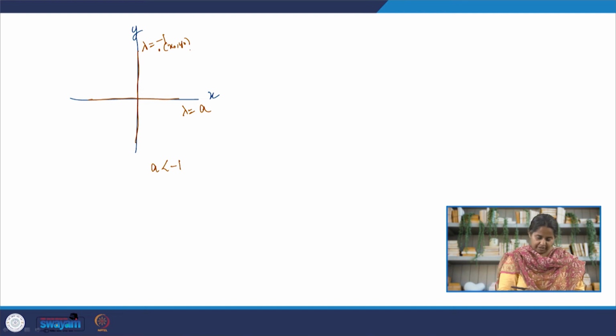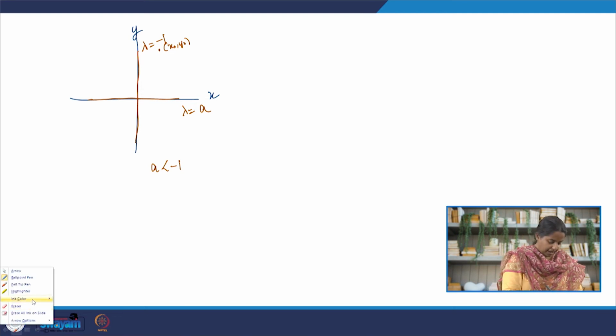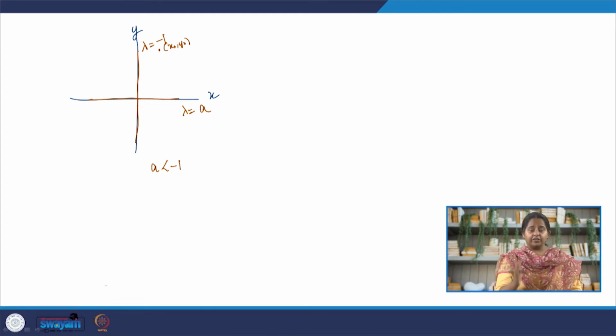Now, the movement for this particular fixed point will happen, as I mentioned earlier in the previous lecture, in the direction of the eigenvectors. So, one eigenvector is here, another eigenvector is in this direction. In the eigenvector that is parallel to the y-axis, the growth rate will be -1.